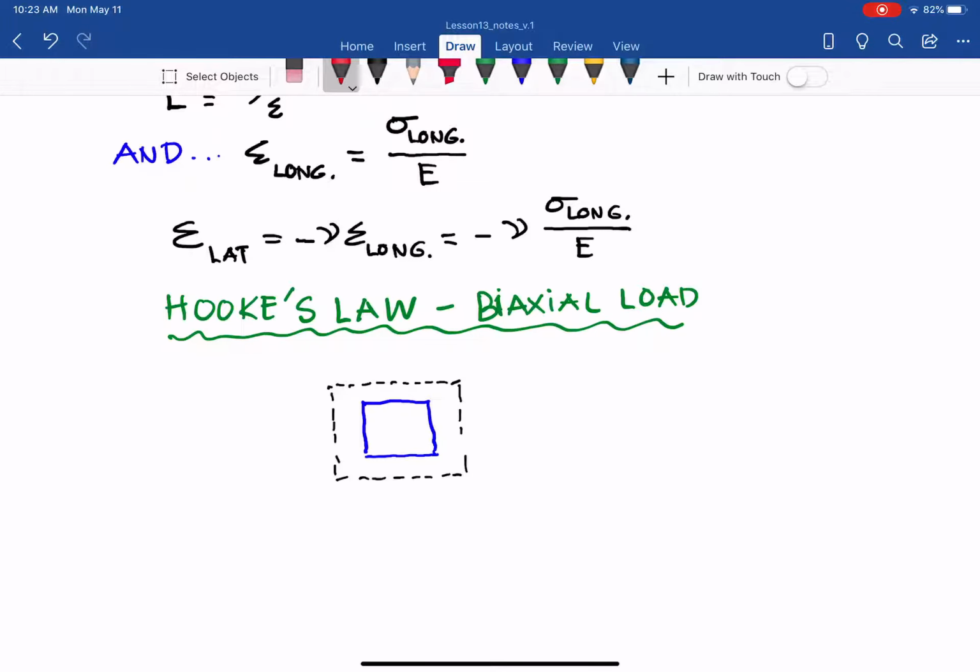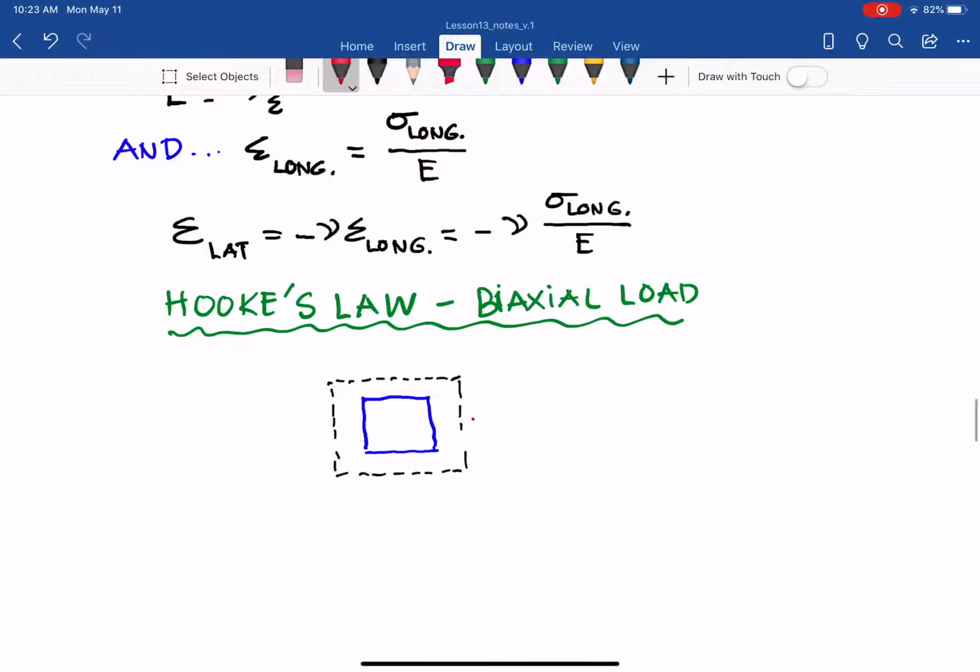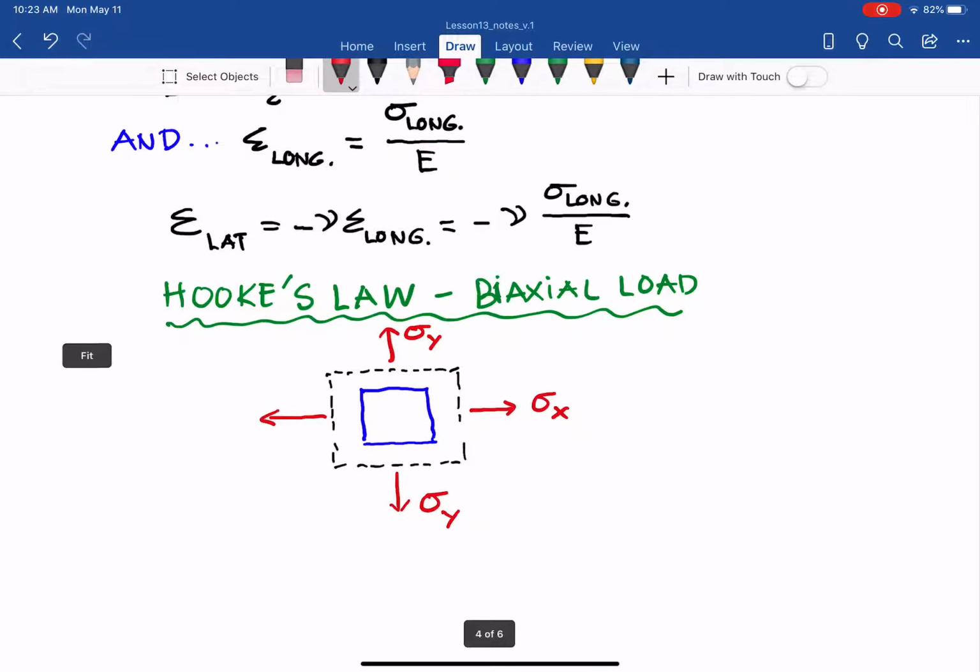The stress in this direction is sigma x, and of course the opposite side for equilibrium is the same, and here we have sigma y and sigma y there. Both sigma x and sigma y are in tension in my example.